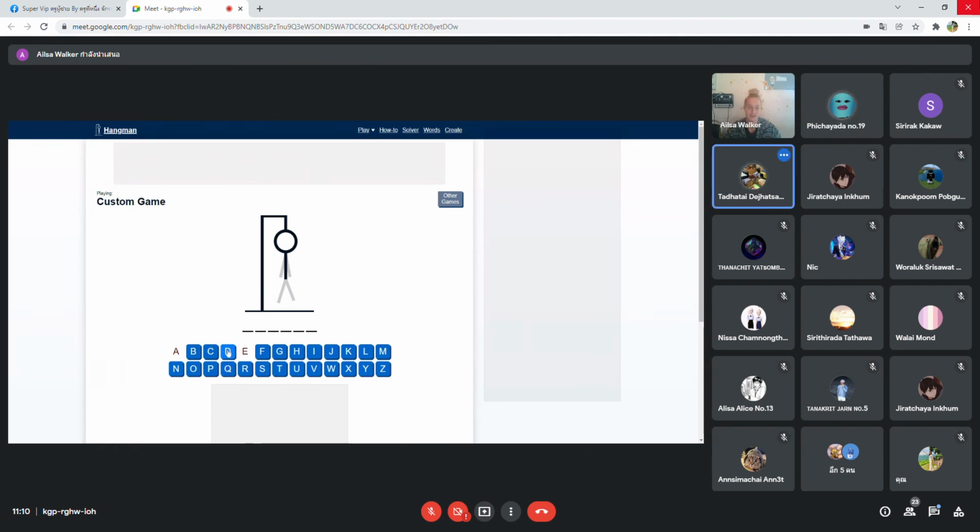D, oh there is a D. P, oh there's no P. I, yes. Cuboid. How do you spell it? C, U, D, O. Yes, well done. Cuboid.